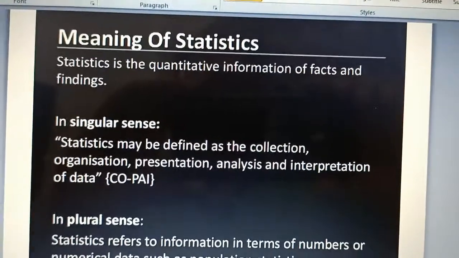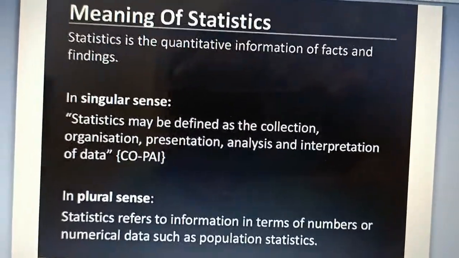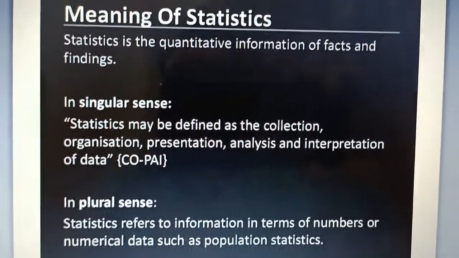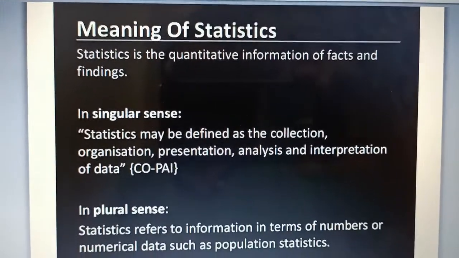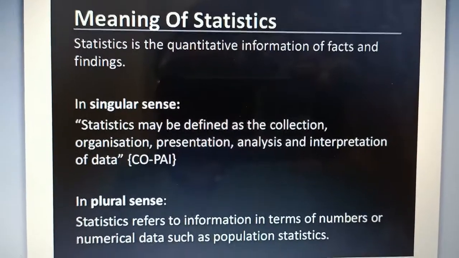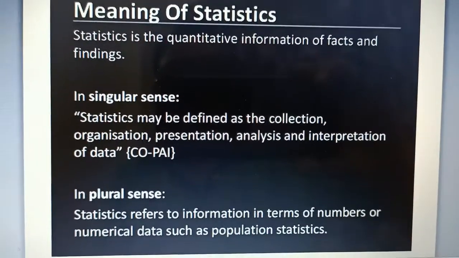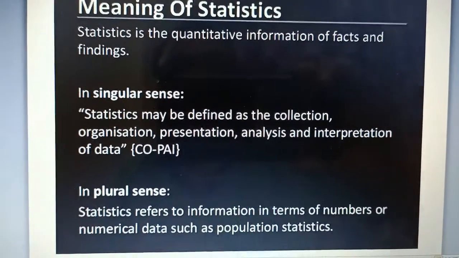We define statistics in two terms. Statistics is quantitative information of facts and findings. There are two senses. One is singular, second is plural. In the singular sense, statistics may be defined as the collection, organization, presentation, analysis, and interpretation of data. Now understand.